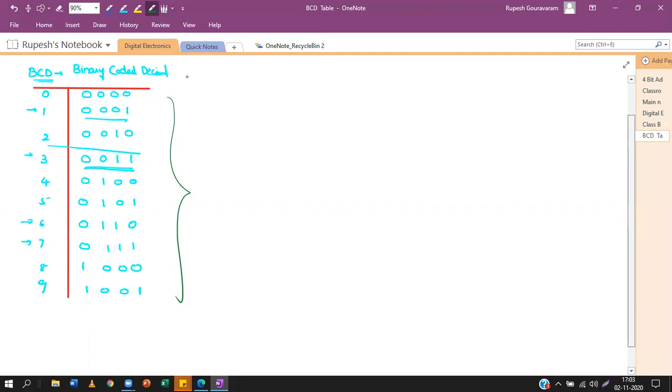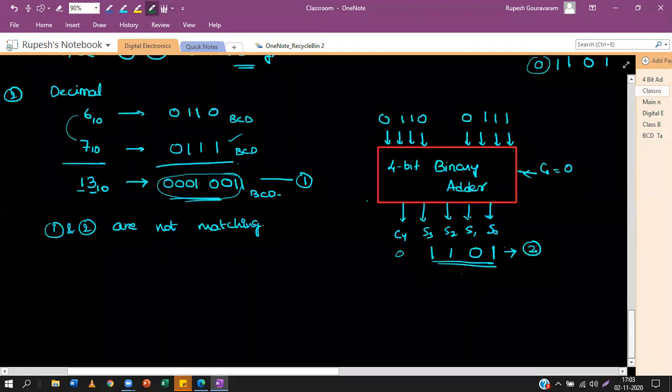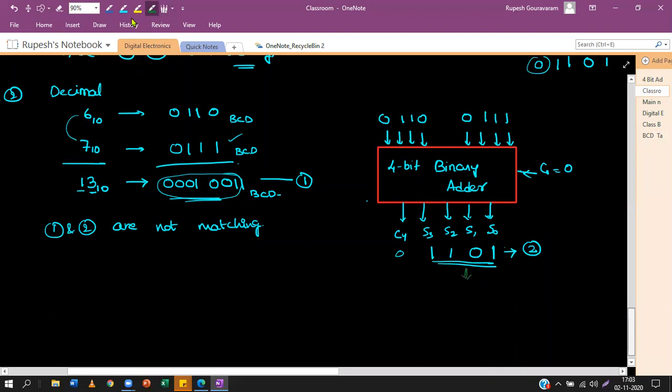That means 1101 is what? Invalid BCD. This is an invalid BCD value.